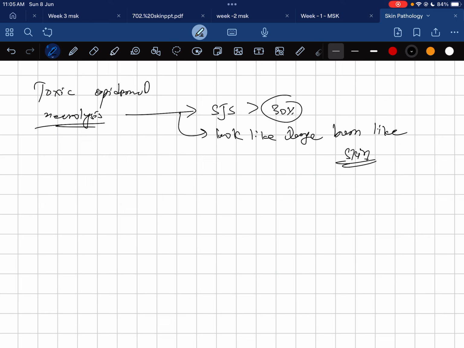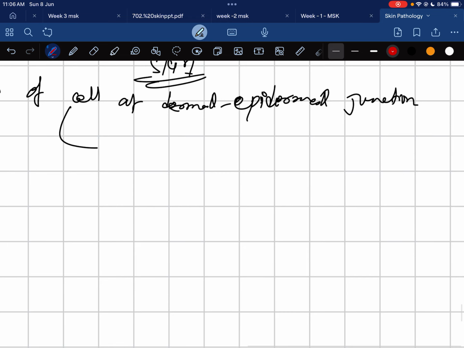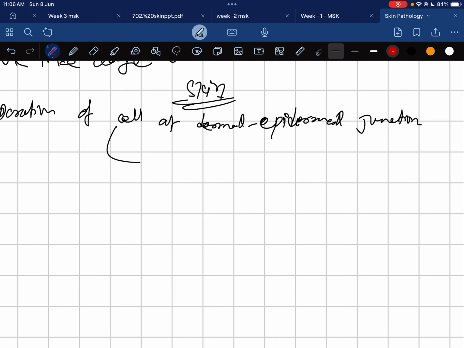There is a separation of cells at the dermal and epidermal junction. Between this separation there is scalded skin syndrome, and that separates at the stratum granulosum.